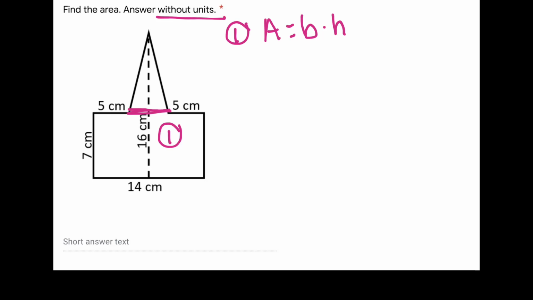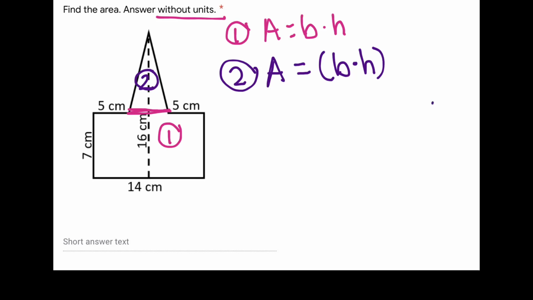So you first need to find the area of that rectangle. Second, you need to find the area of the triangle. We know that the area of a triangle is our base times our height divided by 2.